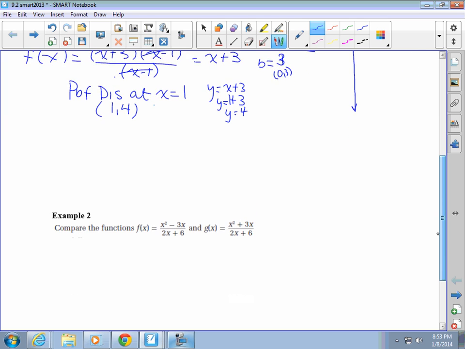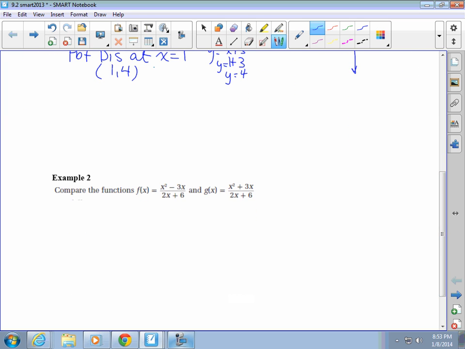It says compare the functions f(x) = (x squared minus 3x) over (2x plus 6) and g(x) = (x squared plus 3x) over (2x squared plus 6). So first thing I have to do is factor. From the top here, I have x times (x minus 3). On the bottom, I have 2 times (x plus 3).